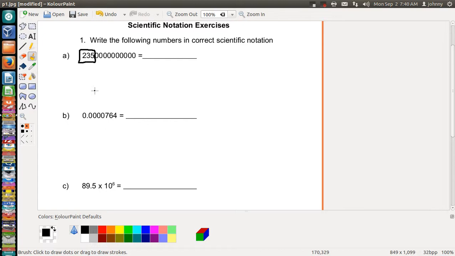They're the most significant. So what we're going to do is write 2.35. The reason I'm putting the point here is that it gives me one single digit in front of the decimal, and that's one of the rules for scientific notation: get one number in front of the decimal that is significant, basically the numbers 1 through 9. Now if you look here, that decimal has made a long journey.